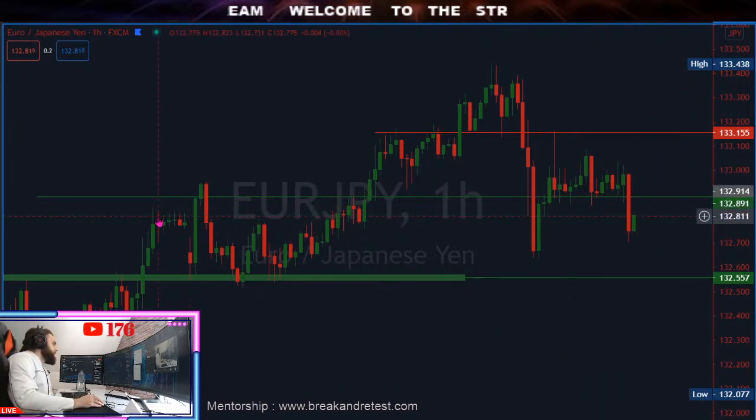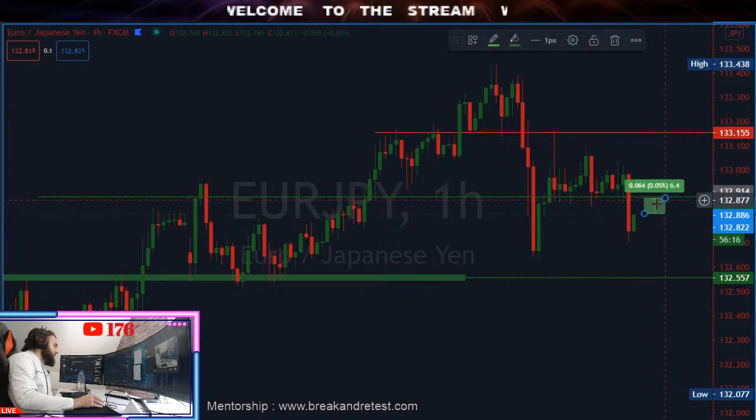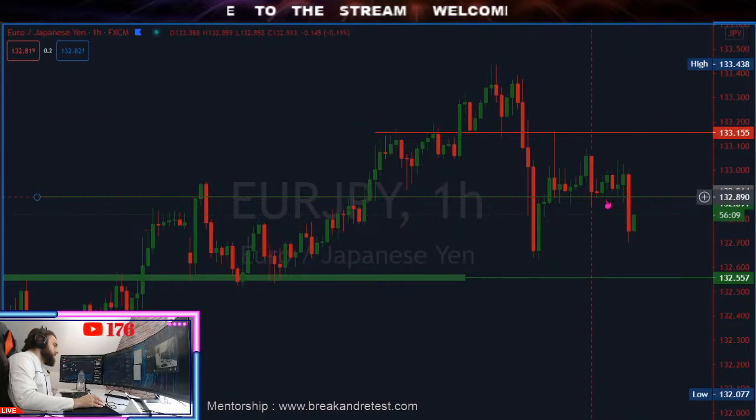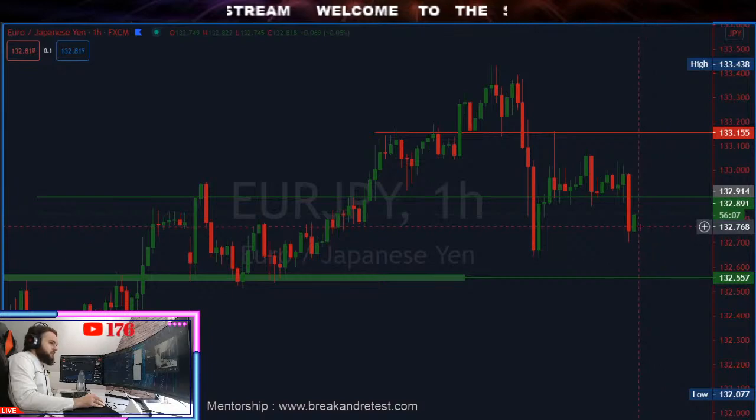I'm afraid we're gonna reject from here, but it's too big of a range to enter here. We need to come a little higher at least. 3-4 pips range is nothing, but 6 pips range is too much.